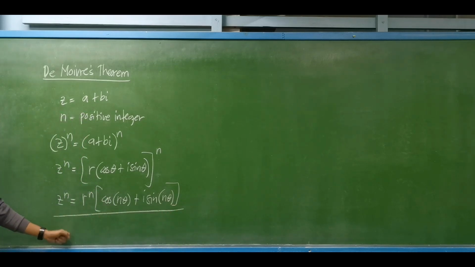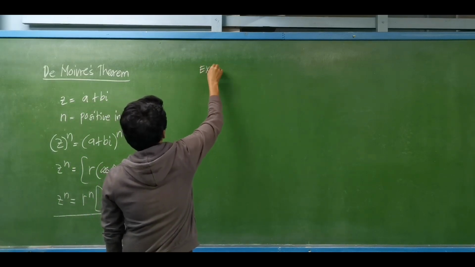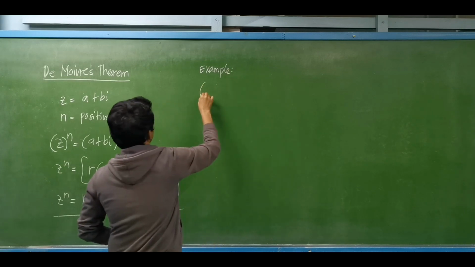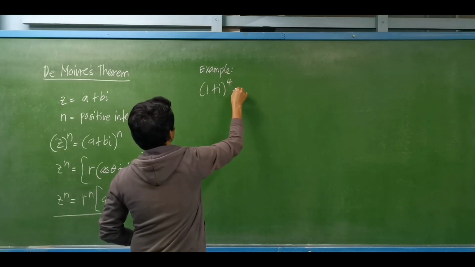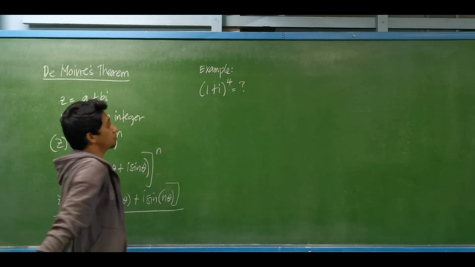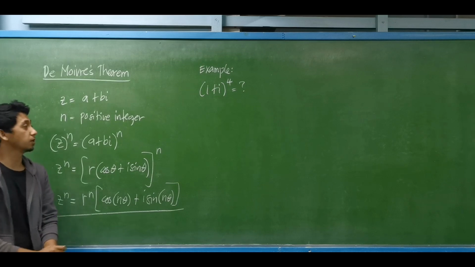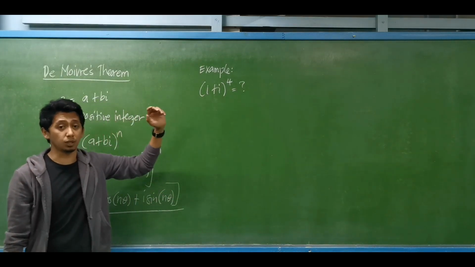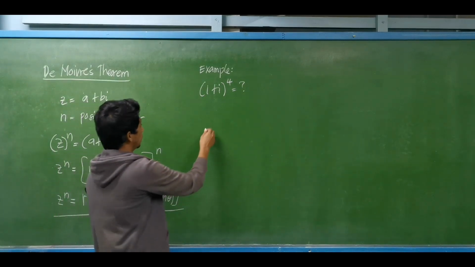Okay, so let's have an example. What will be the equivalent of 1 plus i raised to 4? First, we need to convert this complex number from rectangular to polar form.